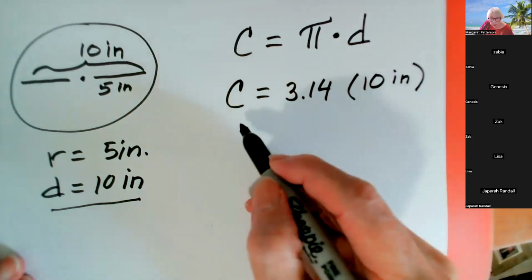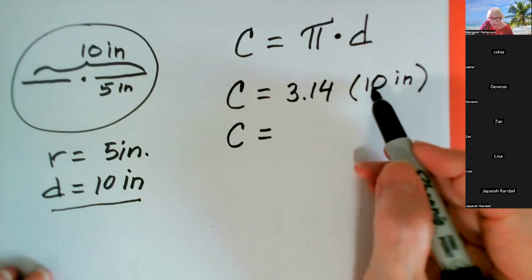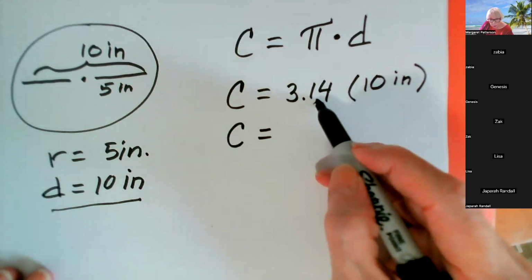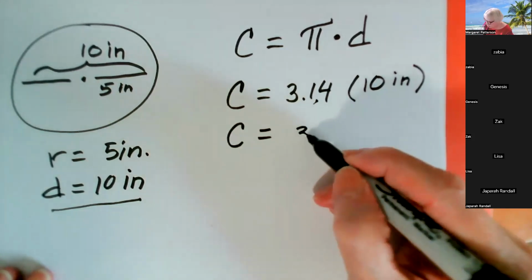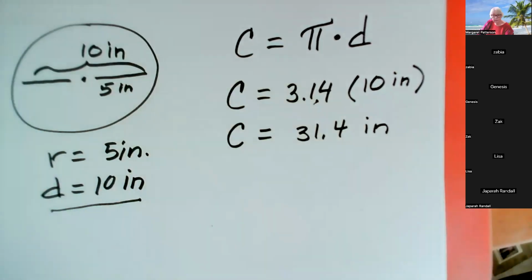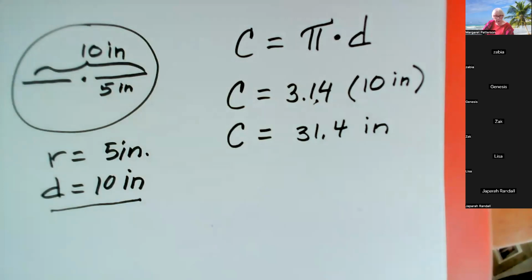I picked that number so that I wouldn't even need anything. When you multiply by 10, the decimal point shifts 1 to the right, so it would be 31.4 inches. Or you can multiply it out, but I think just moving the decimal is a safer thing.